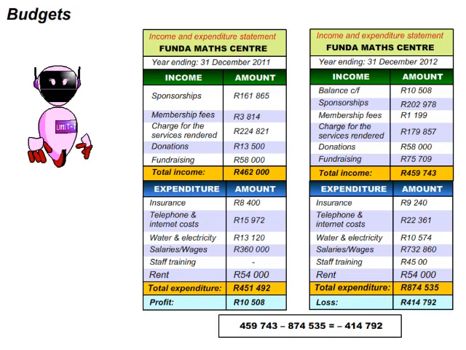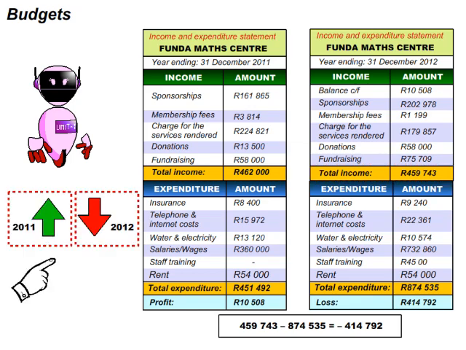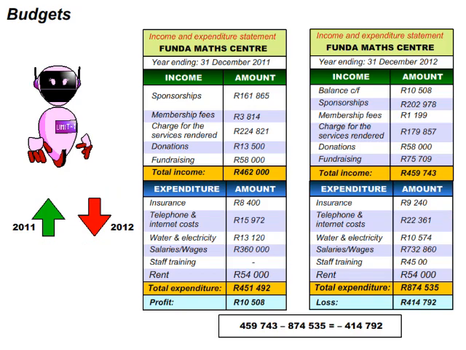In 2011, the total income was 462,000 Rand. In 2012, the income was 459,743. This means the income decreased. Look at the income statement on the left.